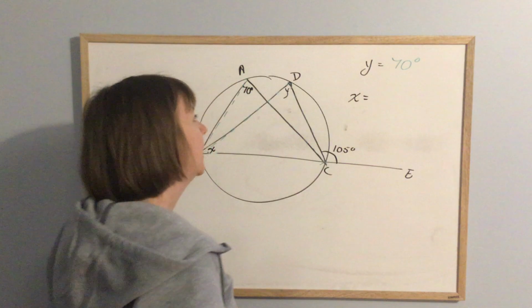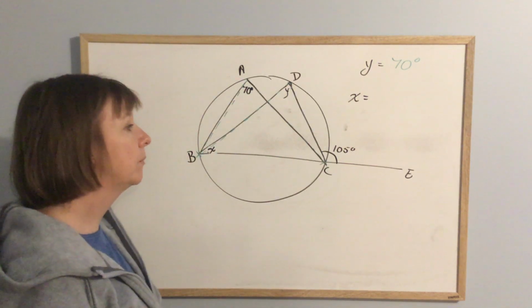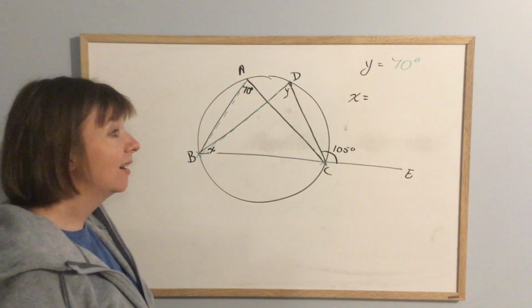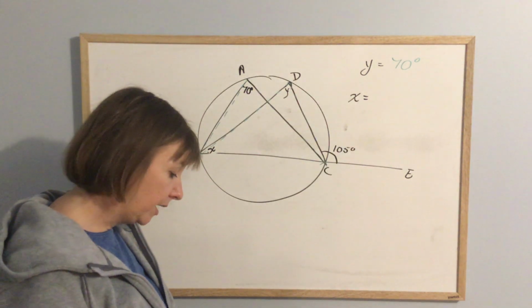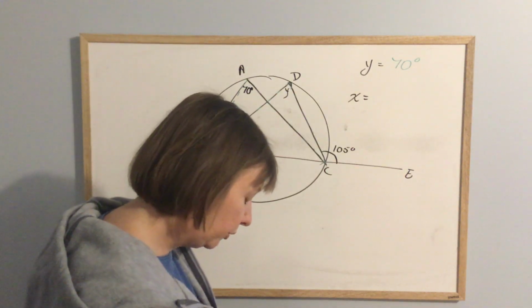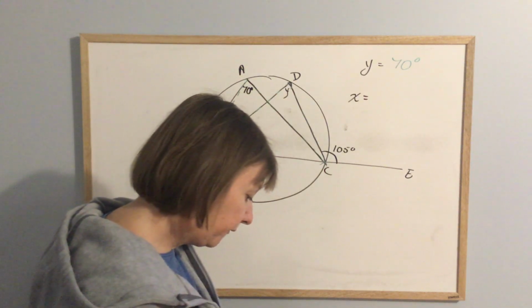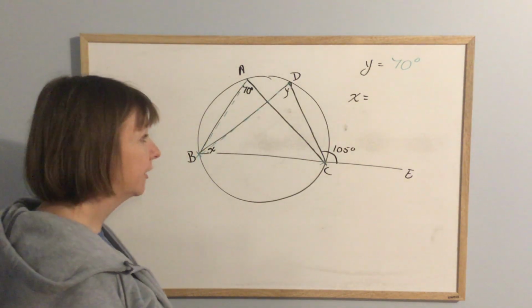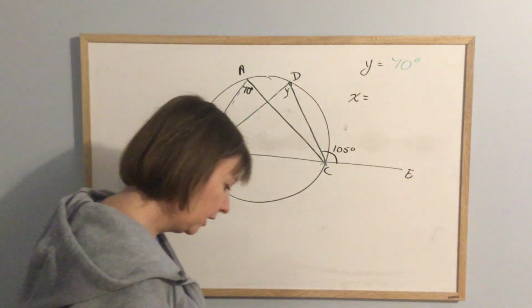That one might take a little bit more thinking than the other ones. I don't know. And really, it's up to you how you go about figuring this out. There can be a lot of different ways to do that.